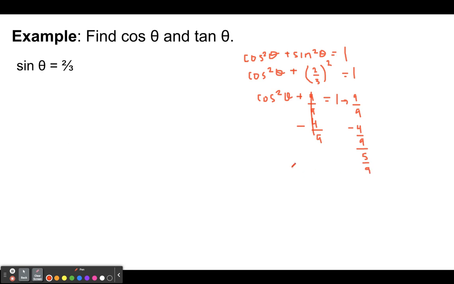And then we have cosine squared theta is equal to 5/9. And then I'm going to go ahead and take the square root of both sides. Those cancel out there. I'm left with cosine theta is equal to plus or minus the square root of 5 over the square root of 9, which is 3.